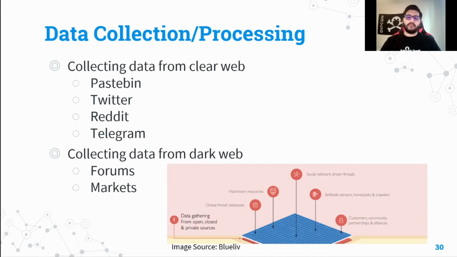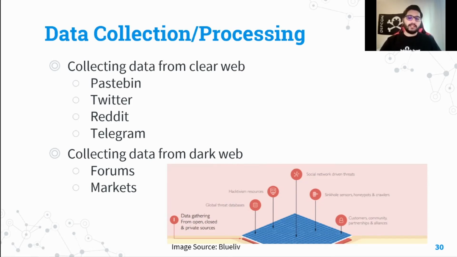Some of the websites you can focus on are Pastebin, Twitter, Reddit, and Telegram, because nowadays many actors are talking on Telegram too. You gather data from both, and you can use Scrapy and the automated model that I talked about to get data from either the clear web or the dark web, and then you analyze that data.